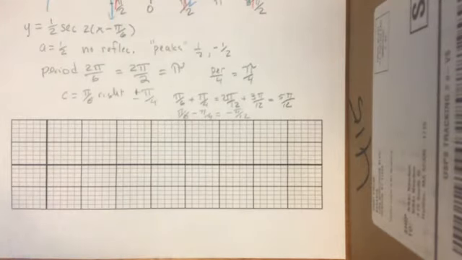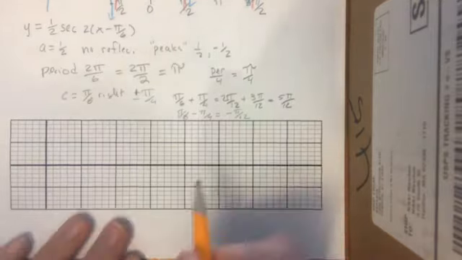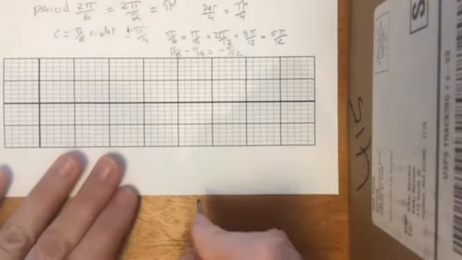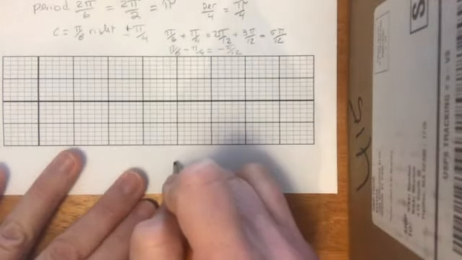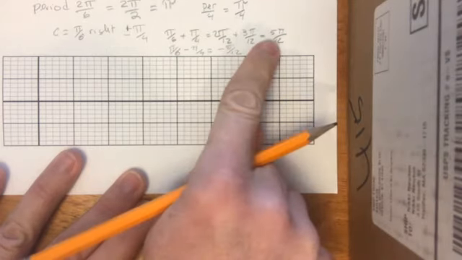So I want to put my asymptotes in the place where they belong. Actually, you know what? I do want to find that other asymptote. I'm going to do it down here because I ran out. So then I have another one at a distance of half the period from here.